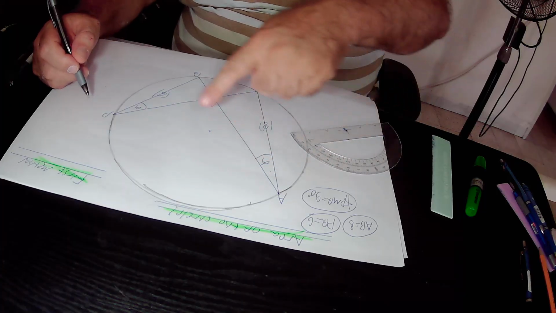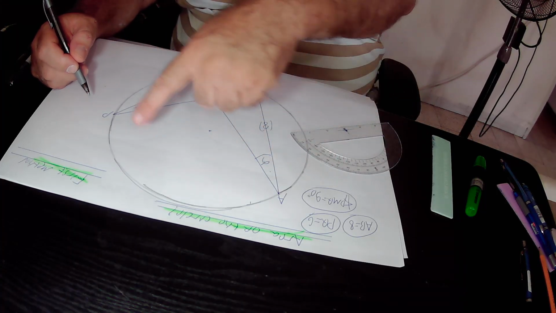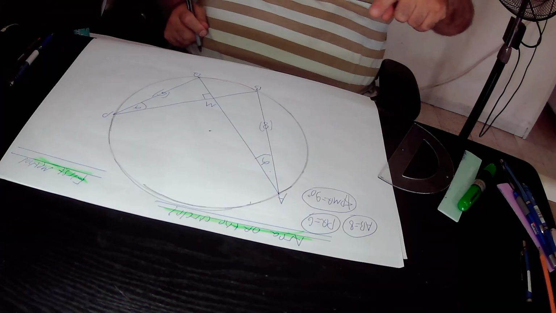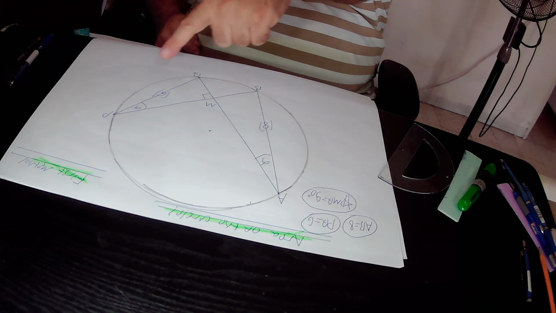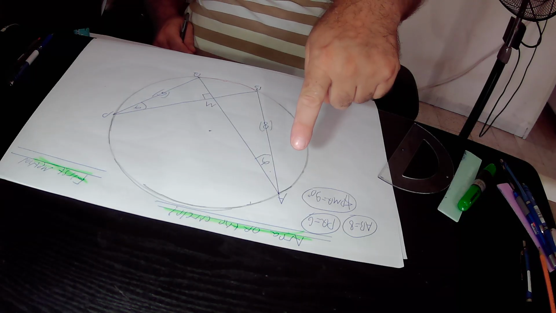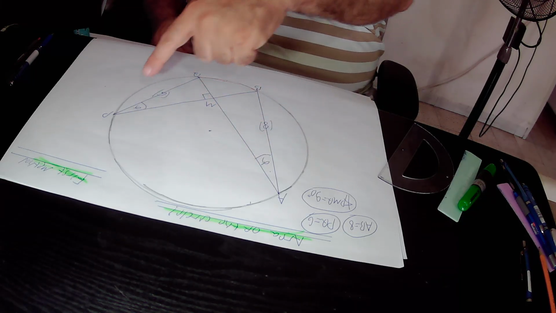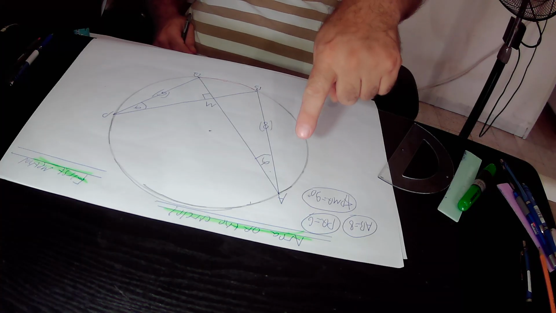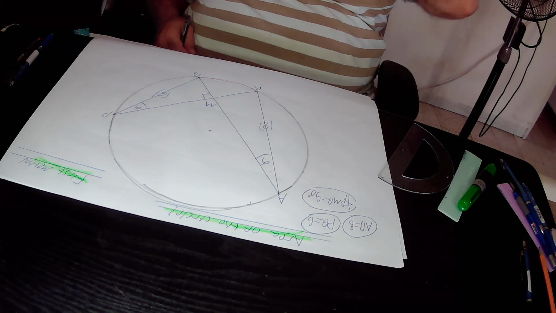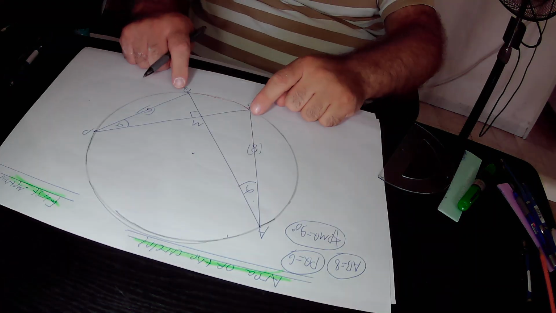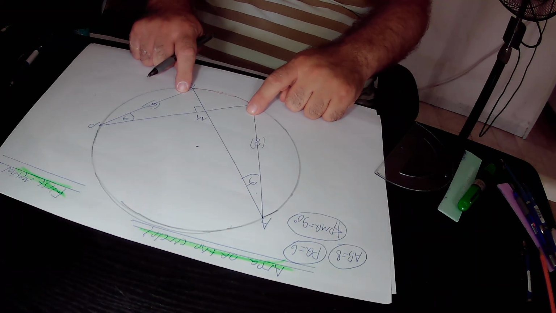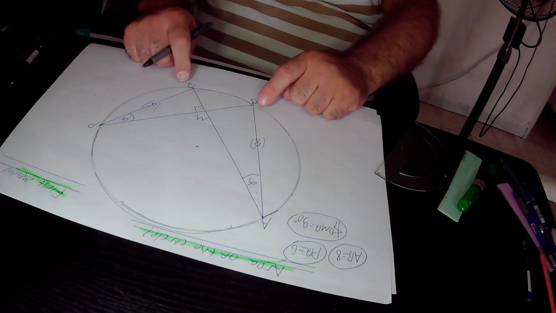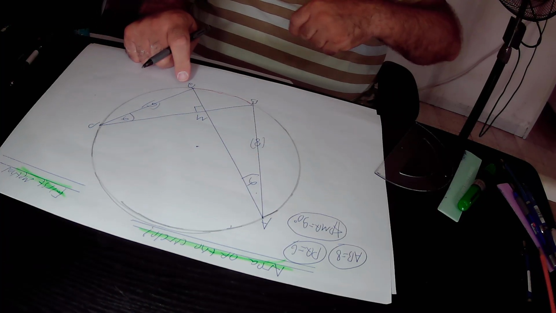So the black curve is RKP. This is peripheral angle APQ that subtends on this arc, RKP. Likewise, we have peripheral angle PBQ that also subtends on the same arc, RKP. And because those two peripheral angles subtend on the same arc, RKP, they must be equal to each other in their sizes according to rule 29.